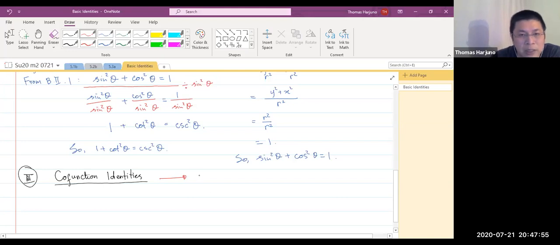So basically, what sine theta has to do with cosine, tangent theta with cotangent, and secant theta with cosecant.